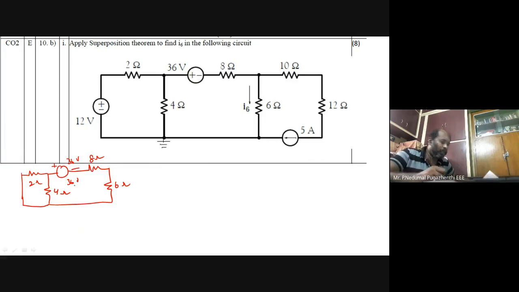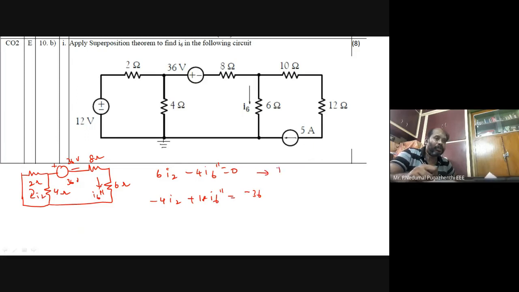If I assume this is I2 and this is your I6 double dash, you take it as it is. Now I will get my equation: 6I2 minus 4I6 double dash is equal to 0. This is one equation, and the other one is minus 4I2 plus 18I6 double dash is equal to minus 36.